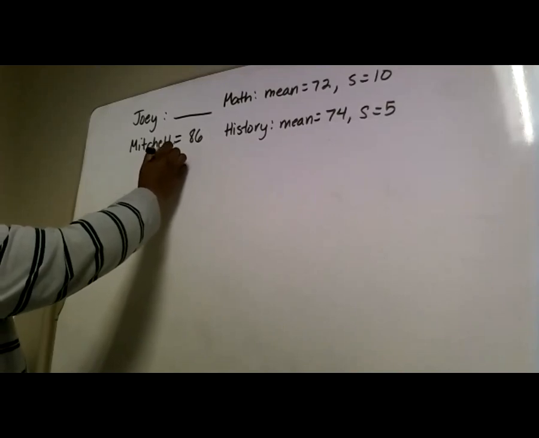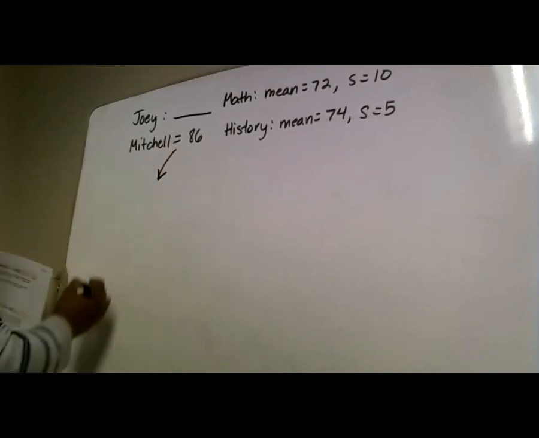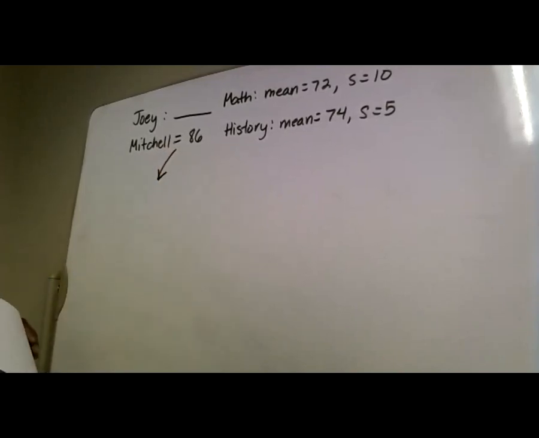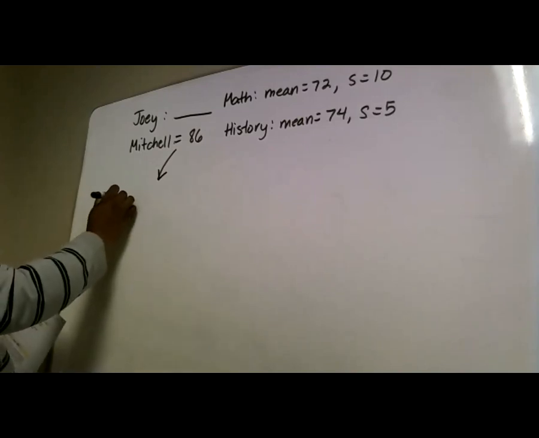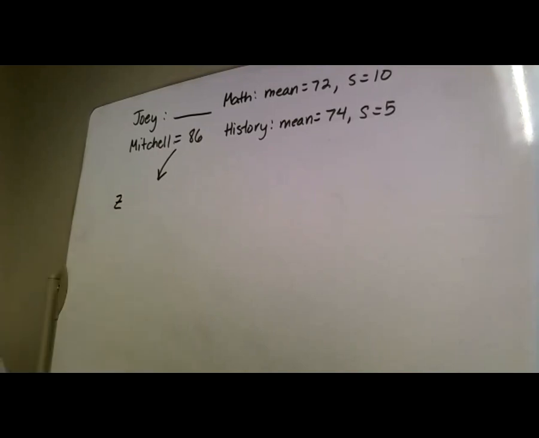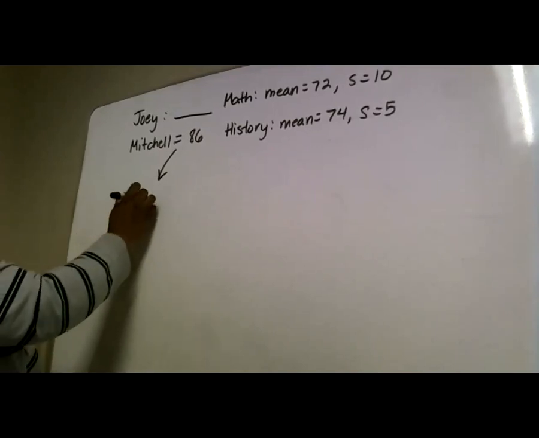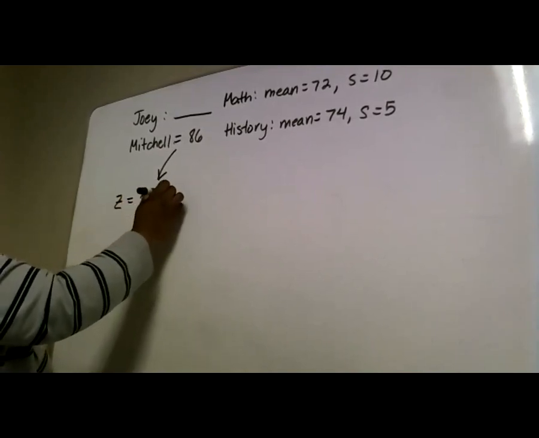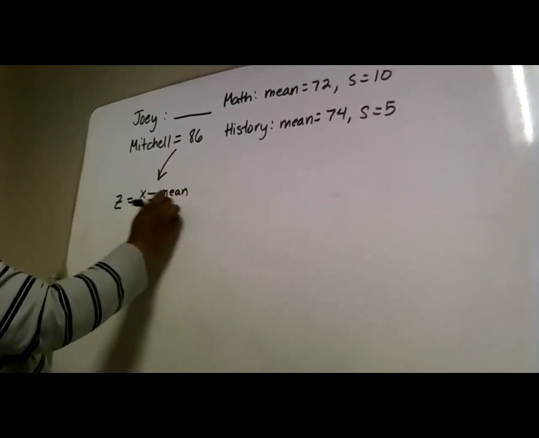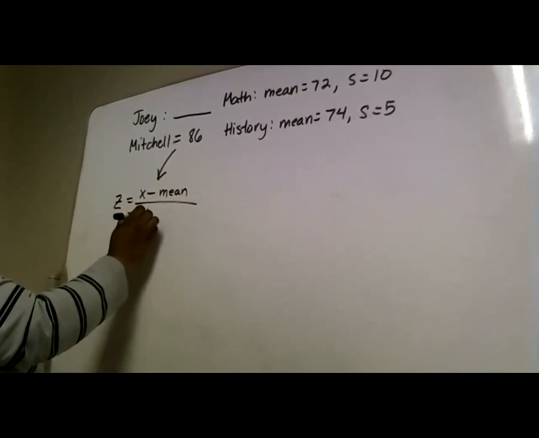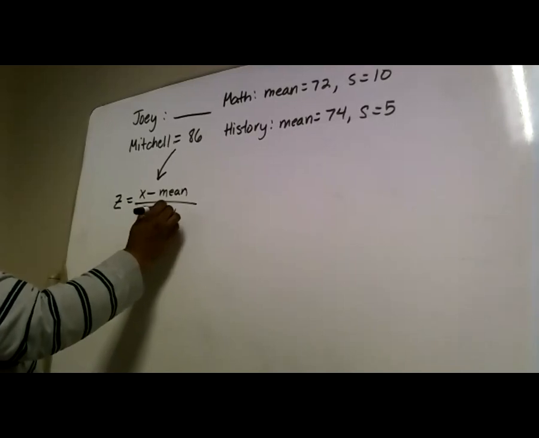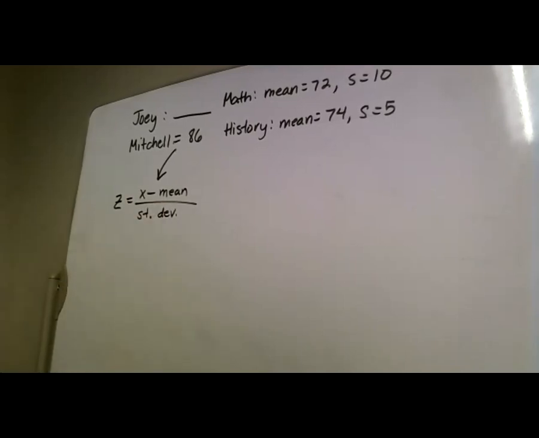Now, I do know Mitchell's score of 86, and the mean was 74 and the standard deviation was 5. So I can find out what that z-score is. That's, of course, the x minus the mean divided by the standard deviation.